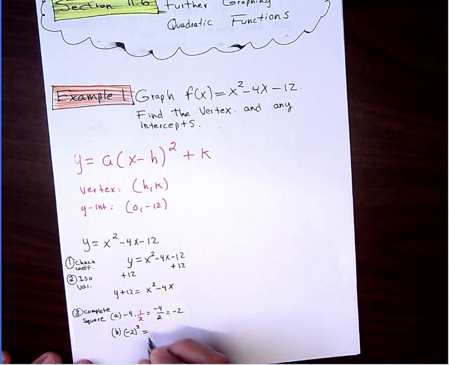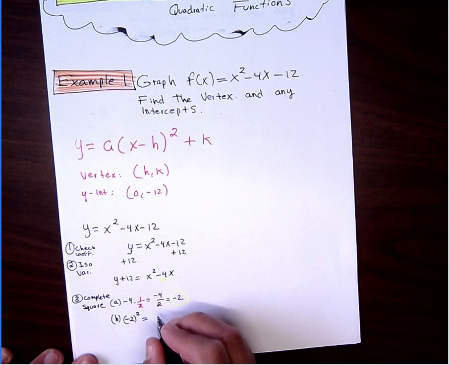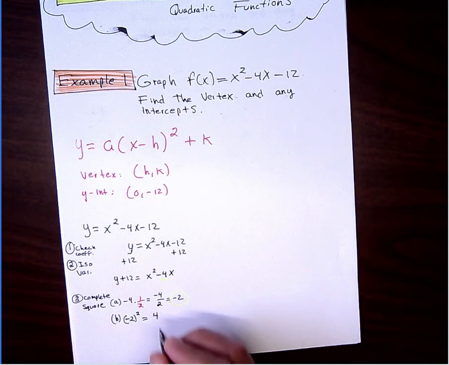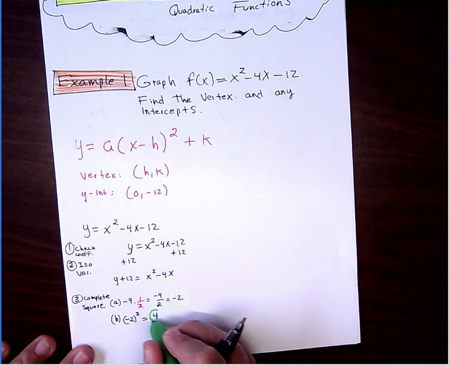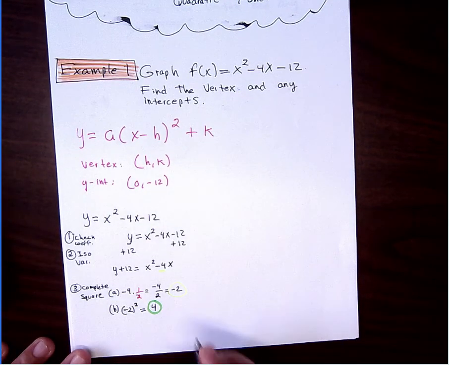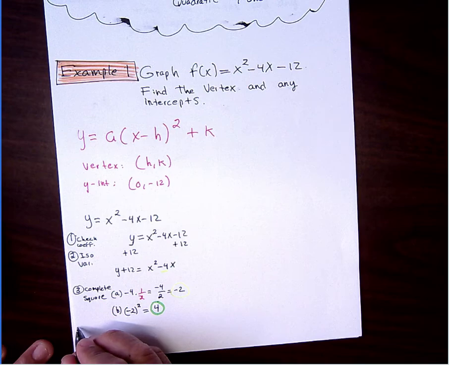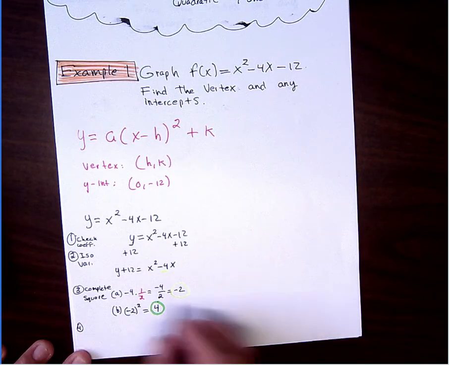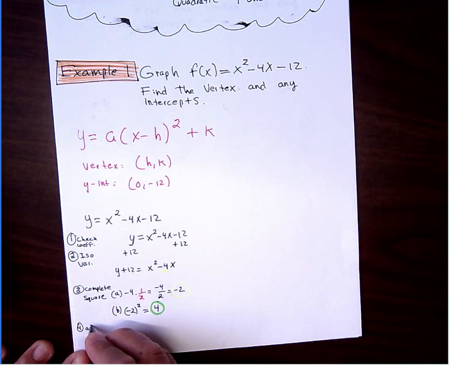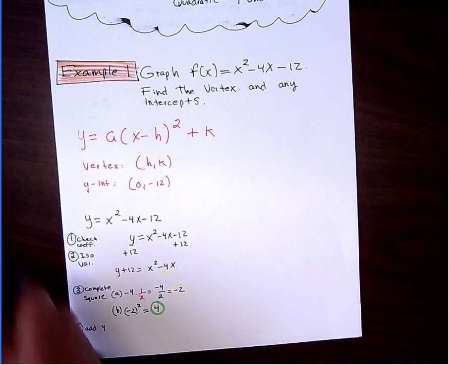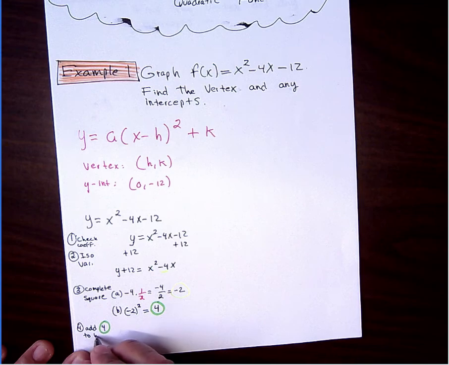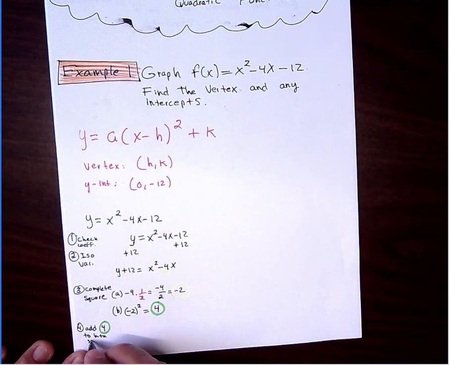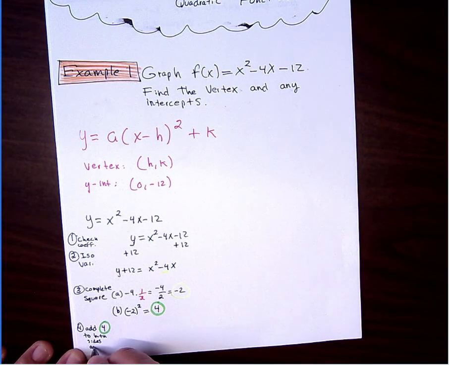Negative 2 squared would be positive 4. After that, remember we need to do step 4, which is add the 4 to both sides, and factor.